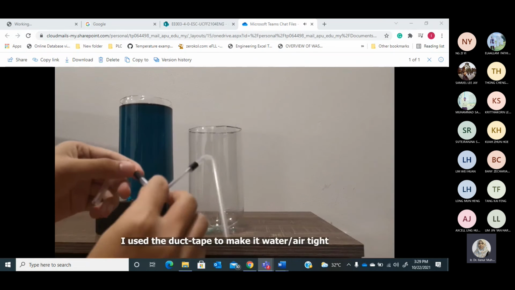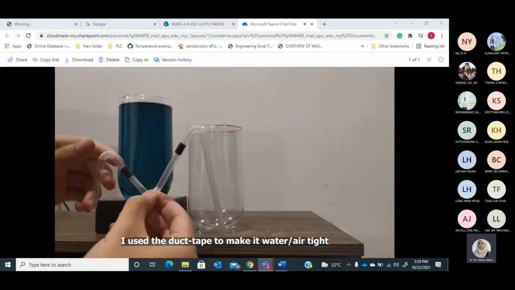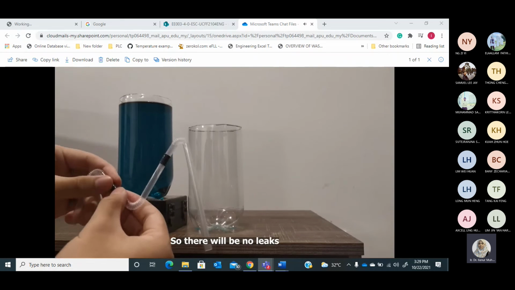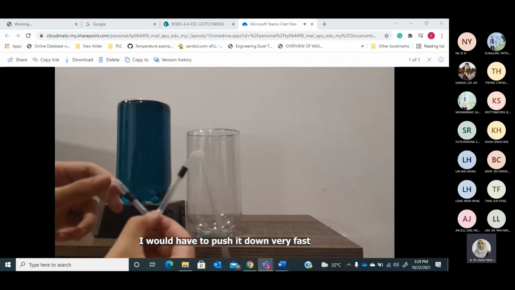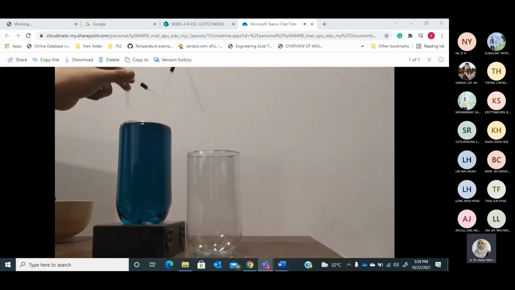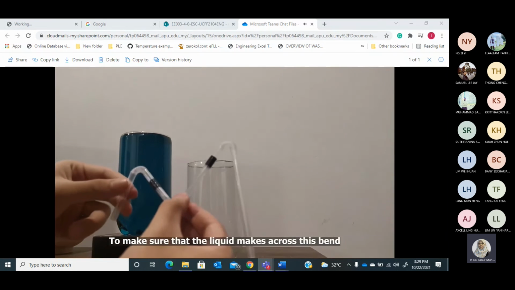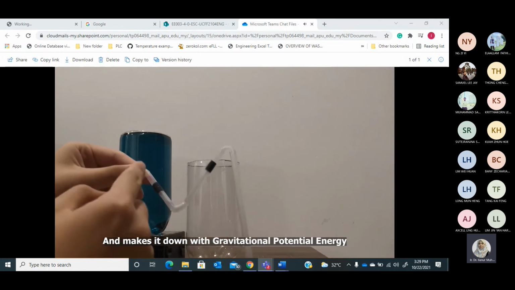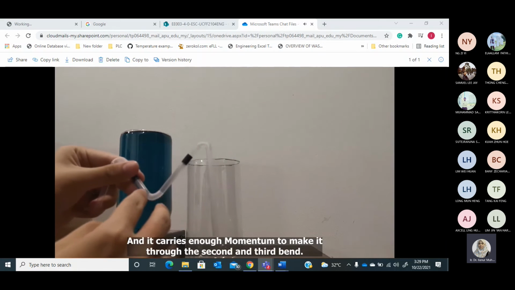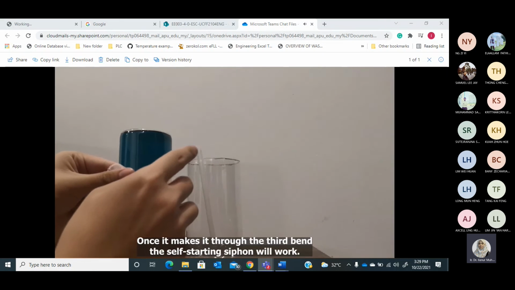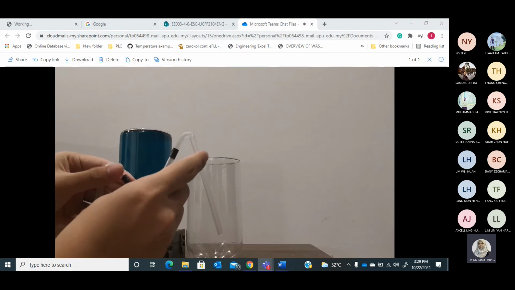I use the duct tape to seal it to make it watertight and airtight, so there will be no leaks. To make it work, I have to push it down very fast so the liquid gets up this bend and comes down with gravity, carrying enough momentum to make it around this bend and this bend. Once it makes it around this bend, the self-starting siphon will work.